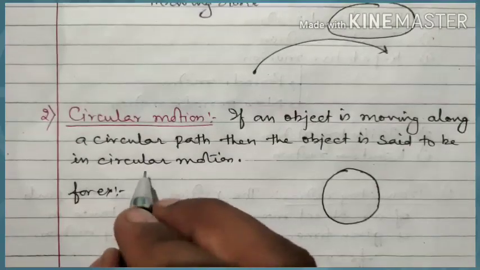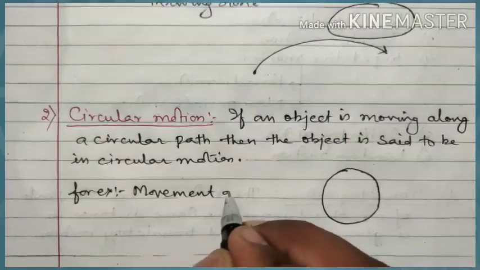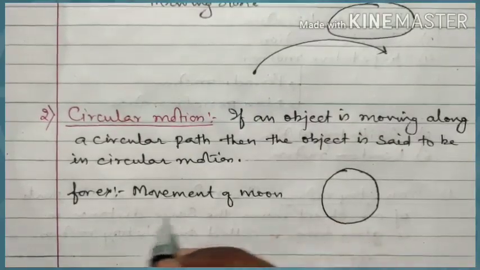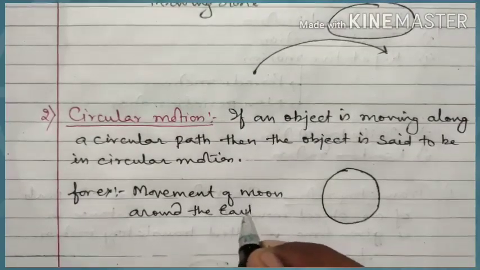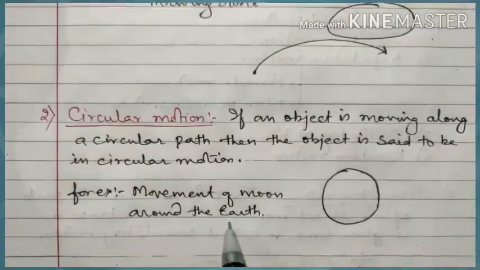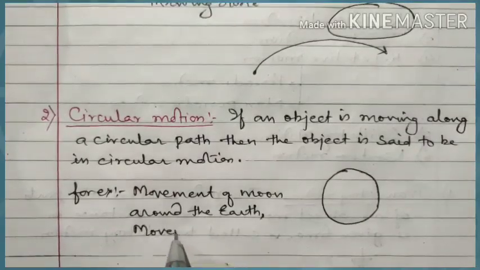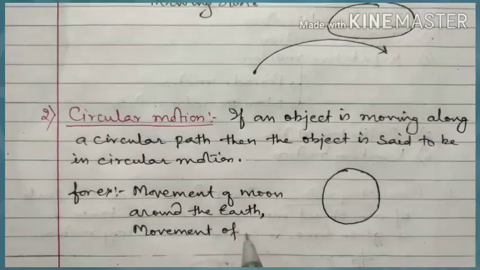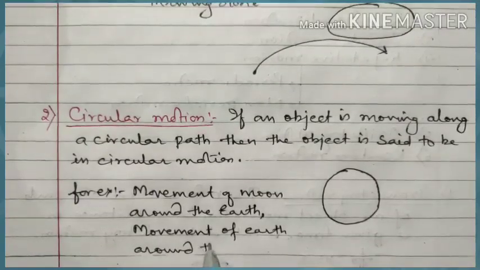Let us see some examples. For example, the movement of the moon around the earth, or the movement of the earth around the sun.